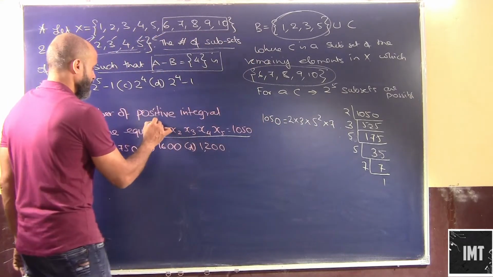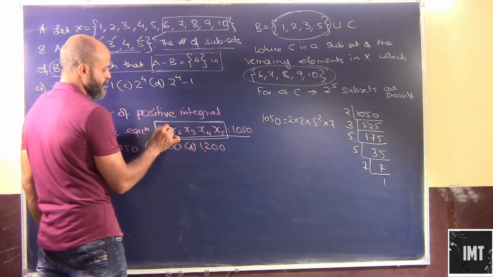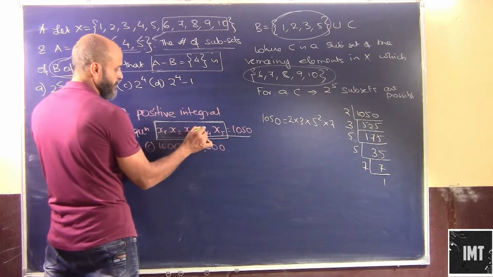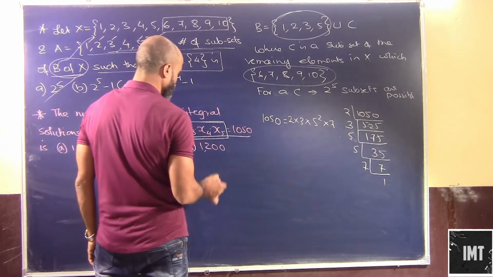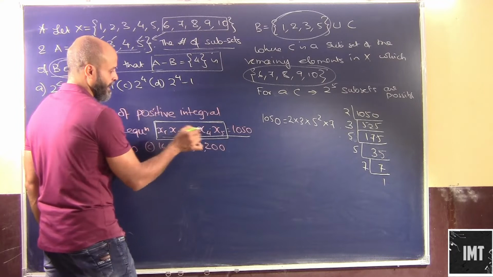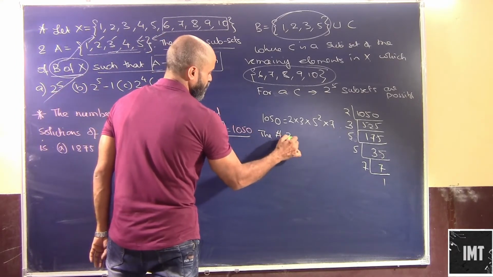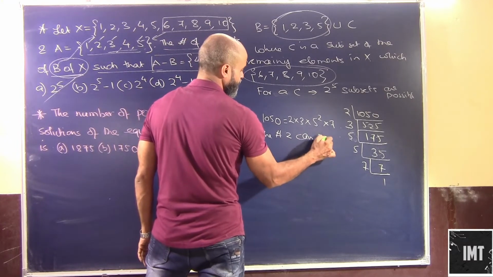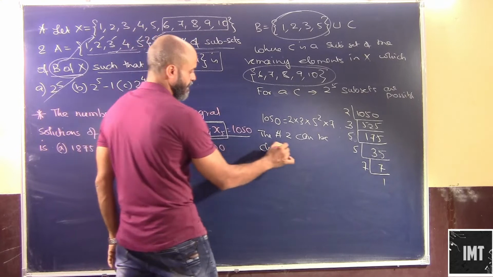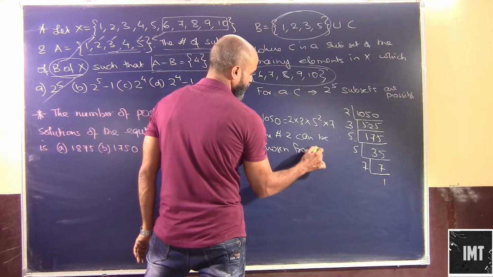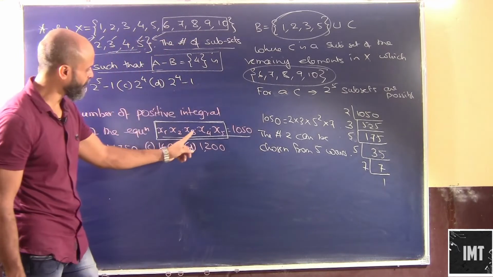Okay, so now this is basically the set. So we have x1 into x2 into x3 into x4 into x5 is equal to 1050. The number 2 can be assigned in 5 different ways.